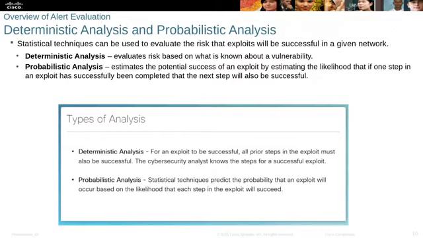In this situation, an exploit that uses dynamic port numbers, for example, cannot be analyzed deterministically. Such exploits have been optimized in order to avoid detection by firewalls that use static rules.